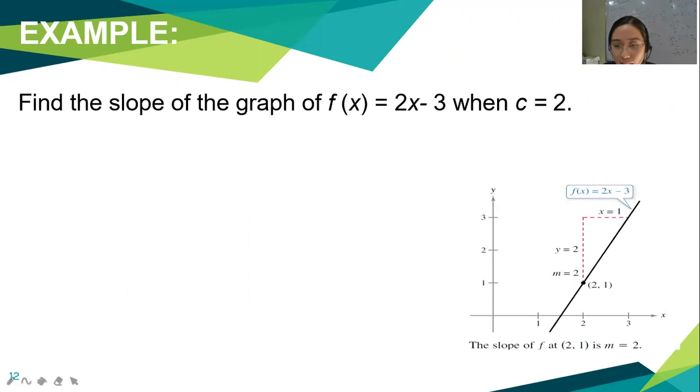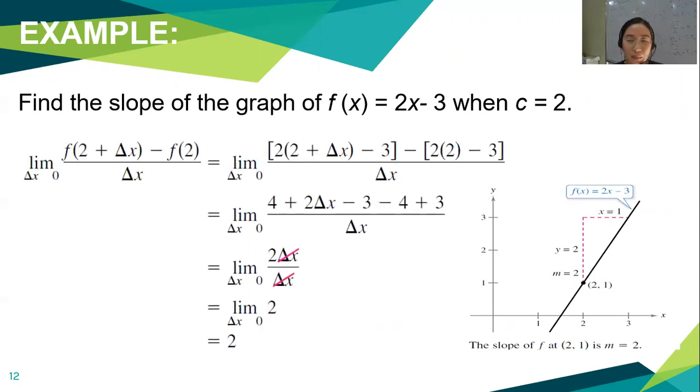If we graph it, this is what the graph looks like. You're probably familiar with how to get a graph: let x equal 0, and even if you only get 2 points, you can already draw the line. So the limit as delta x approaches 0 of f of c plus delta x, where our c is 2. So we substitute: f of 2 plus delta x minus f of 2 over delta x.